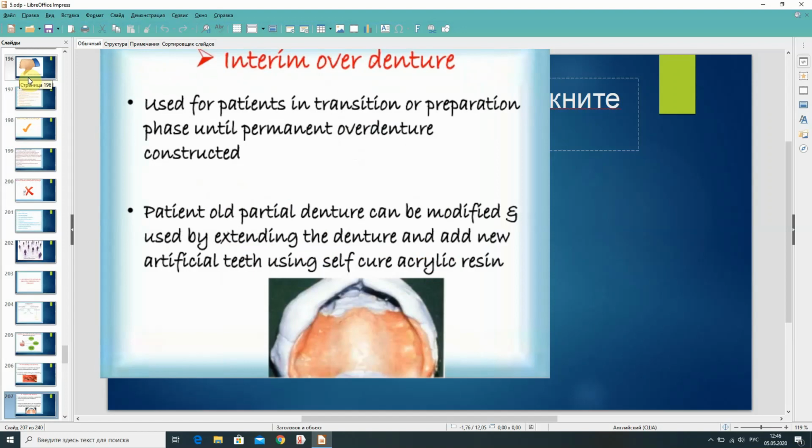Interim overdenture, used for patients in transition or preparation phase until the permanent overdenture is constructed. The patient's old partial denture can be modified and used by extending the denture and adding new artificial teeth using self-cure acrylic resin.